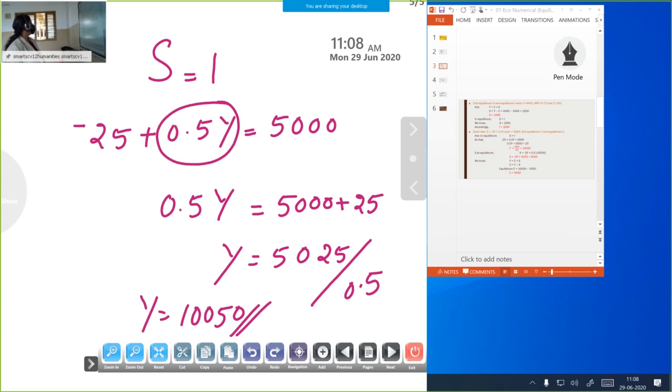Then what do we have to find out? S and I, meaning equilibrium level of saving and equilibrium level of I. So either you can substitute Y in the saving equation, or you can use the C plus I formula, Y is equal to C plus I, or Y is equal to C plus S. Any way you can do that, it's all your wish. You just substitute. Next, here they are taking Y is equal to C plus S. From there we are getting C is equal to Y minus S. Okay.